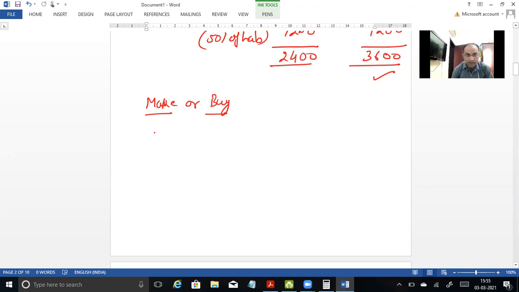In that product, you need a component. Now, the option is either you can make it inside your factory, or you can buy the ready-made one from the outside market. So if this is the situation, how would you decide whether this component should be produced inside the factory, or bought from an external supplier?